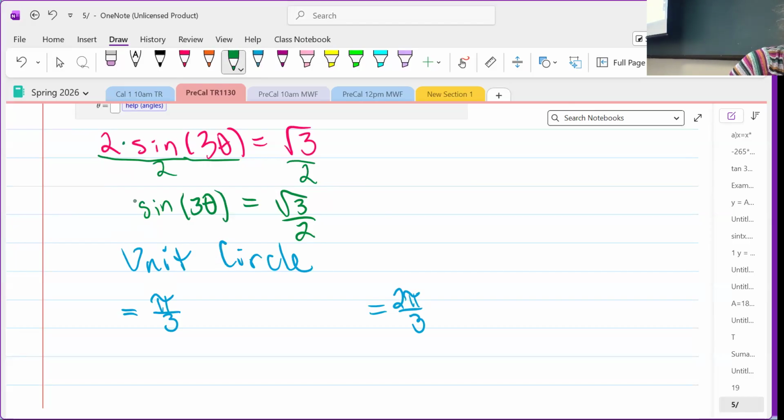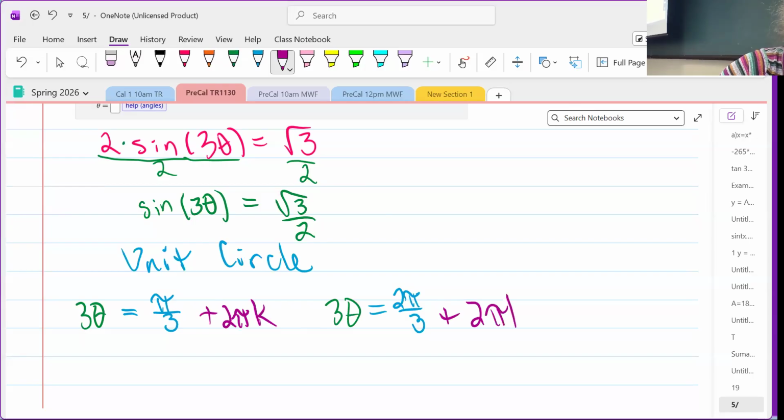Now, what I was taking the sine of was a 3 theta. So I have 3 theta equals these two angles. But also, when I pull from the unit circle, this is where the 2 pi k shows up. When you pull angles from the unit circle, you're also saying everybody coterminal with that angle is also an acceptable solution.